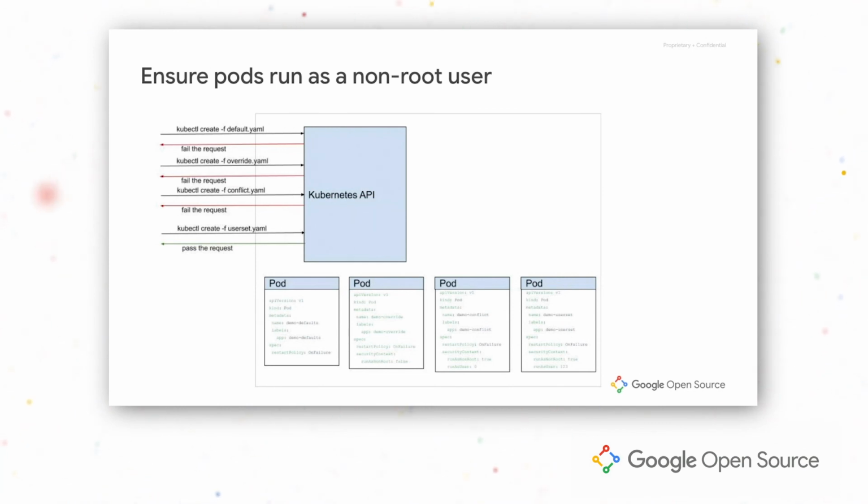In the second one, we set runAsNonRoot to false. In the third one, we set runAsNonRoot to true, but we are giving an admin user. The fourth one has runAsNonRoot set to true and a given user of 1, 2, 3. So the Kubernetes API should reject the first three requests and only allow the last one to pass.